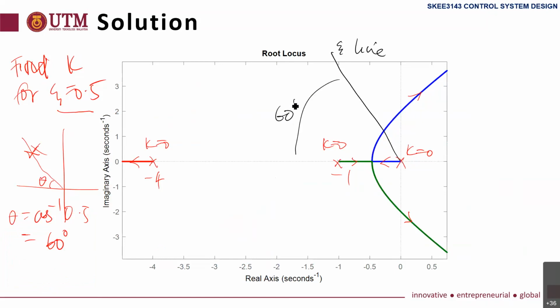If you have the graph, you can use a protractor so that we have an accurate angle of 60 degrees. If you have the plot from yesterday, please plot the zeta line of 60 degrees.